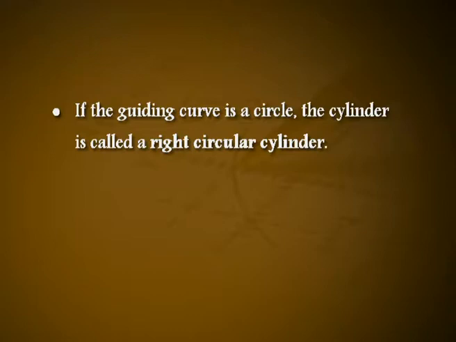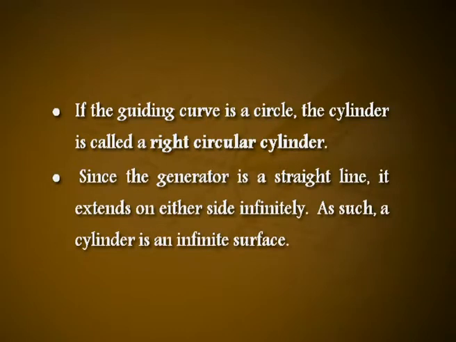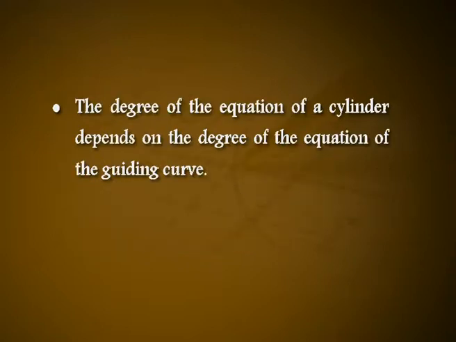Note 1. If the guiding curve is a circle, the cylinder is called a right circular cylinder. Since the generator is a straight line, it extends on either side infinitely. As such, a cylinder is an infinite surface. The degree of the equation of a cylinder depends on the degree of the equation of the guiding curve.